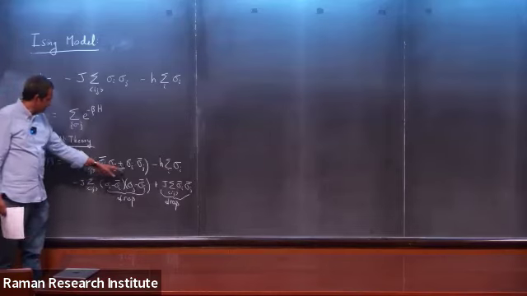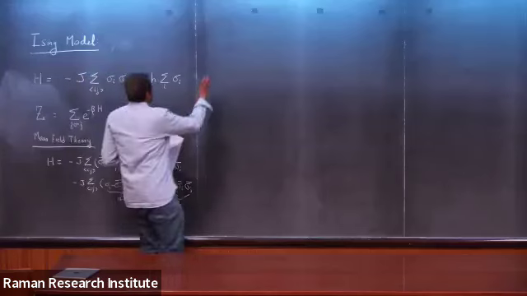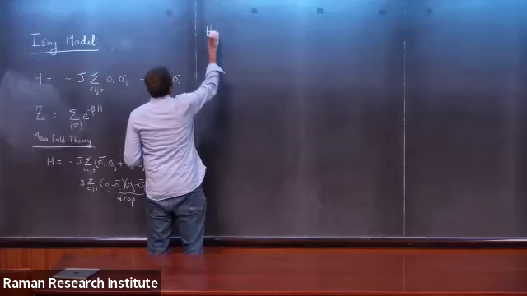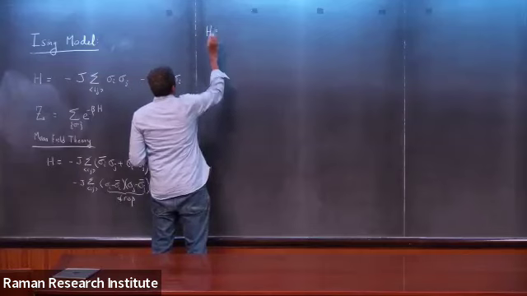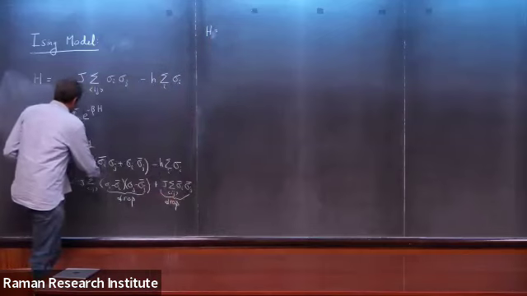And the magnetic field in this case, for example, at site i, so let me write down the Hamiltonian for the entire system, the rest of it, this part here.